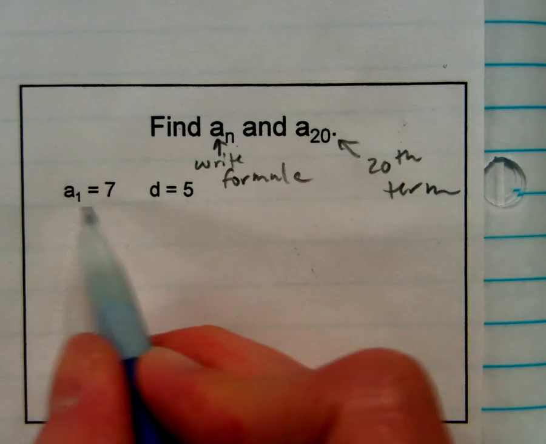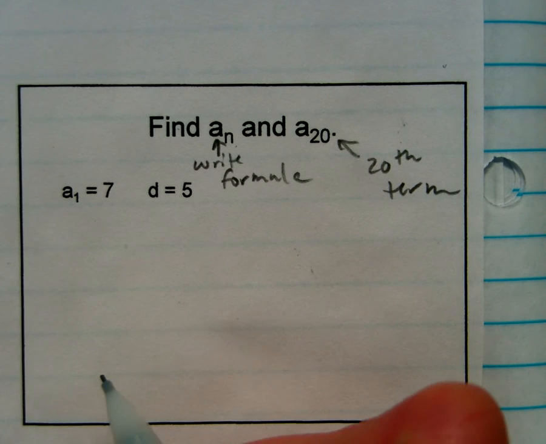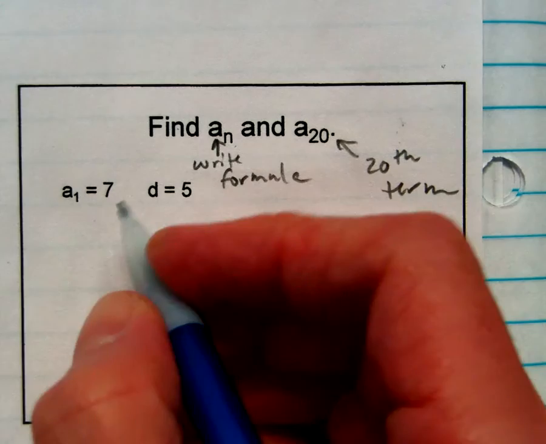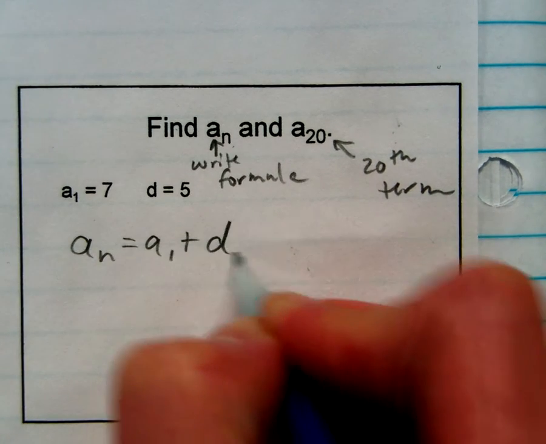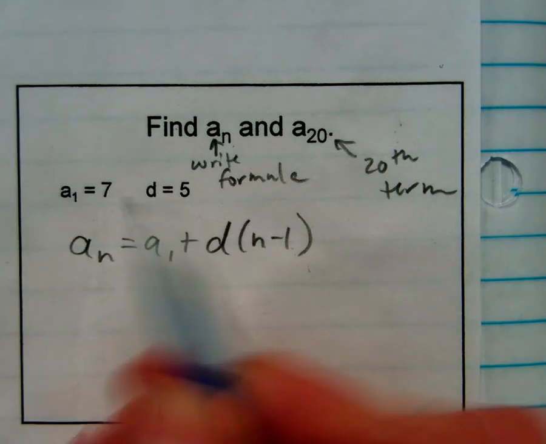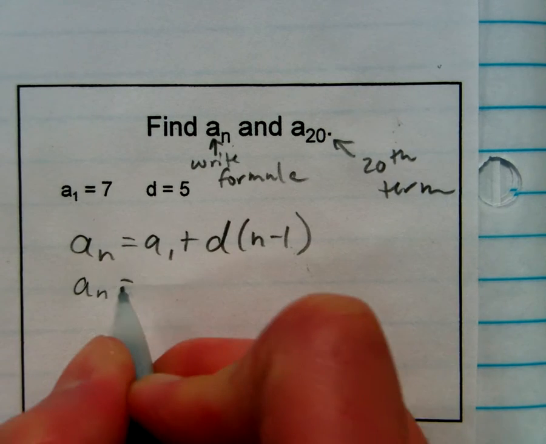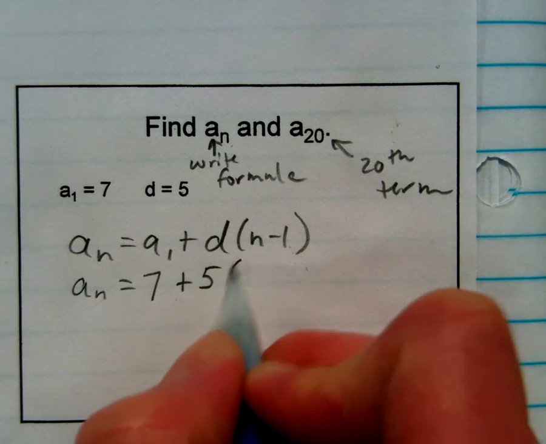They tell us what the first term is, they tell us what the difference is, so we can go ahead and write the formula. A_n equals A_1 plus D times n minus 1 is what we're starting with. They give us the first term, so A_1 equals 7. And they tell us the difference is 5, so you put 5 in.